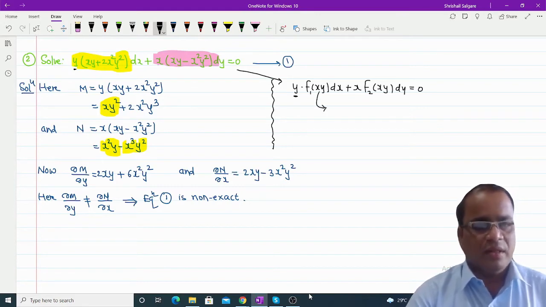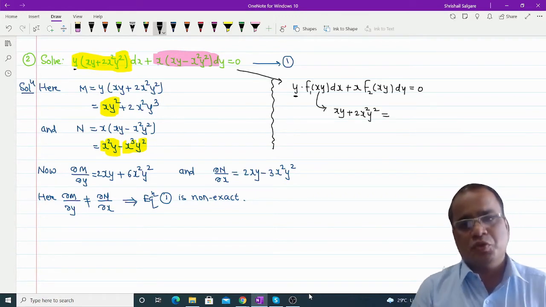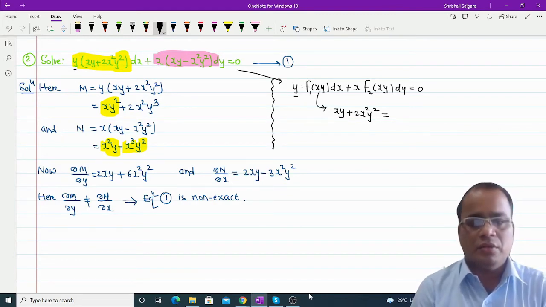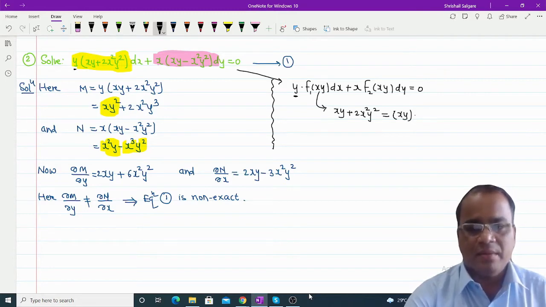The meaning is that every term in xy plus 2x square y square you have to write in the form of xy only. The first term is already given in the form of xy, so I will write xy plus 2, which is a coefficient that you can adjust. The second term I will write as xy square.